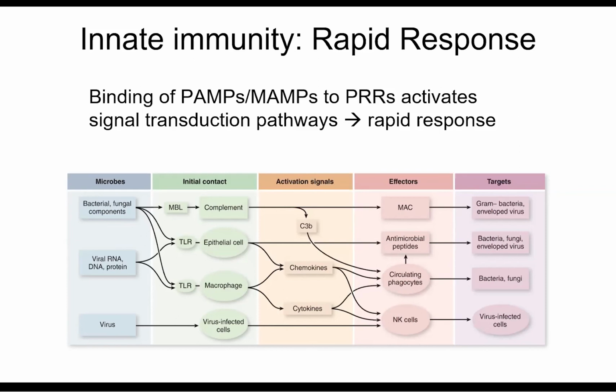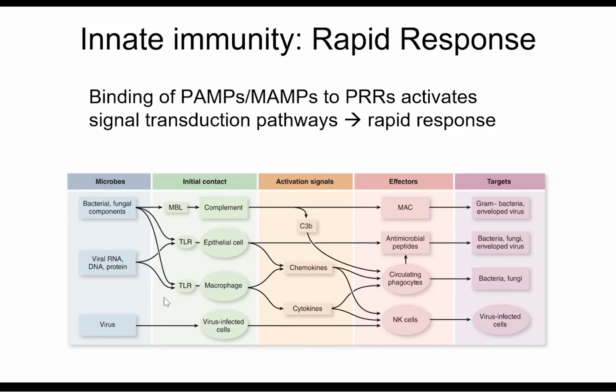Now, if macrophages encounter bacterial or fungal components or viral RNA, DNA, and proteins and bind it to their toll-like receptor, they will also produce chemokines that attract other phagocytes and natural killer cells to the area. But in addition, they will produce cytokines which ramp up the responses carried out by circulating phagocytes and natural killer cells.